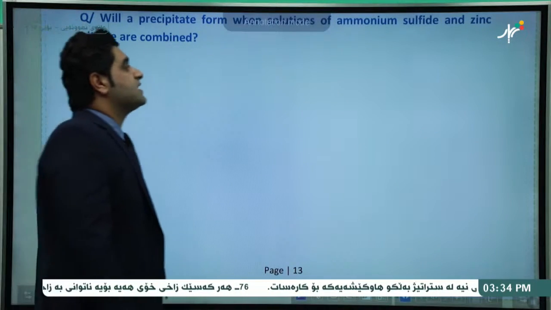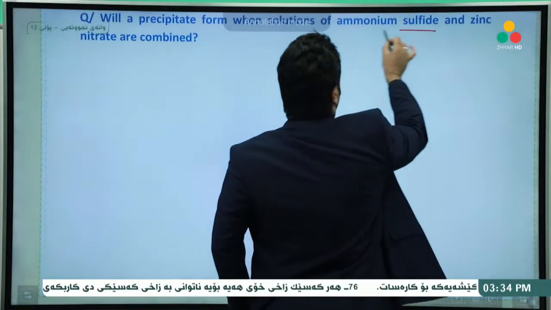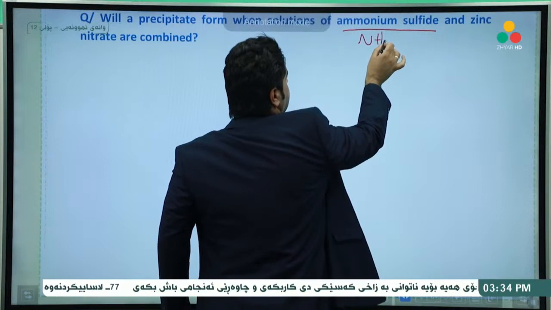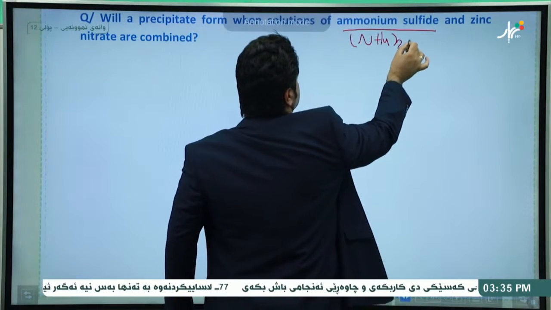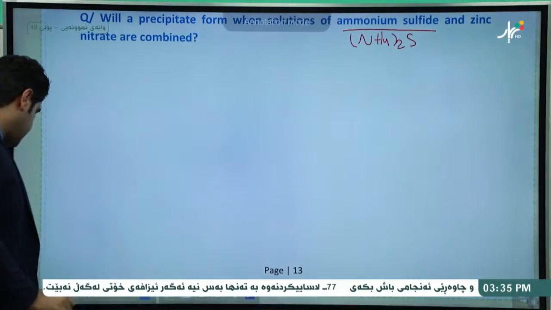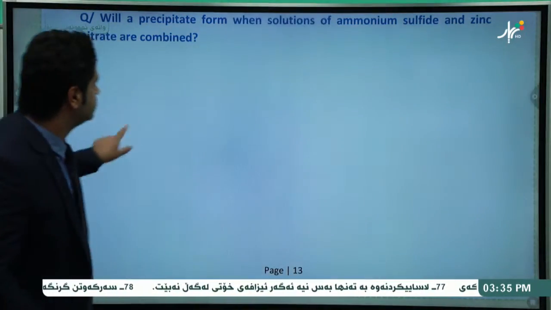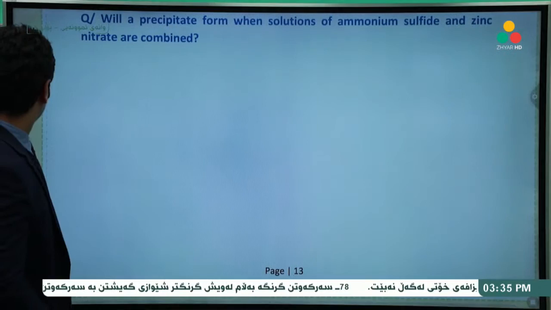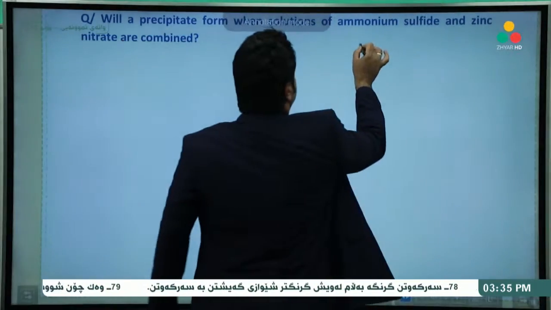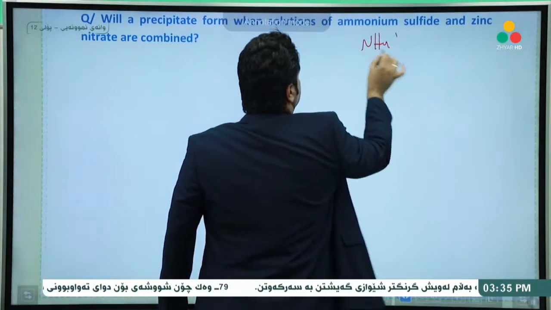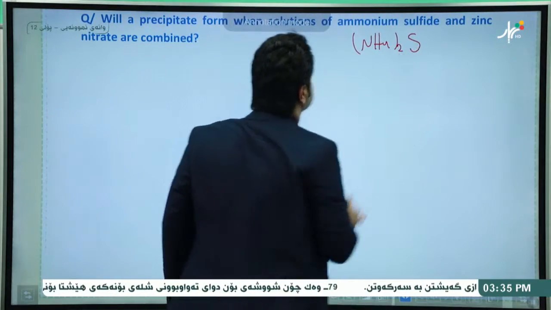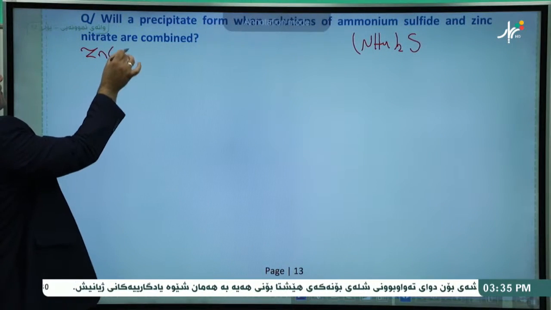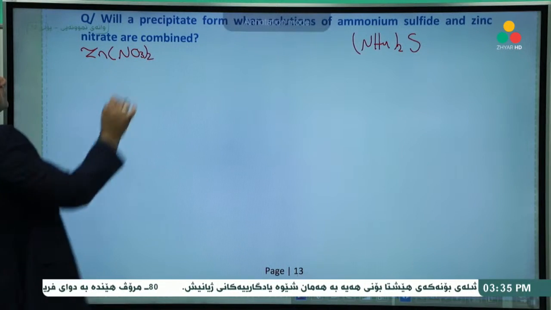Will a precipitate form when a solution of ammonium sulfide, (NH4)2S, and zinc nitrate, Zn(NO3)2, are mixed? Ammonium sulfide is (NH4)2S, and zinc nitrate is Zn(NO3)2.